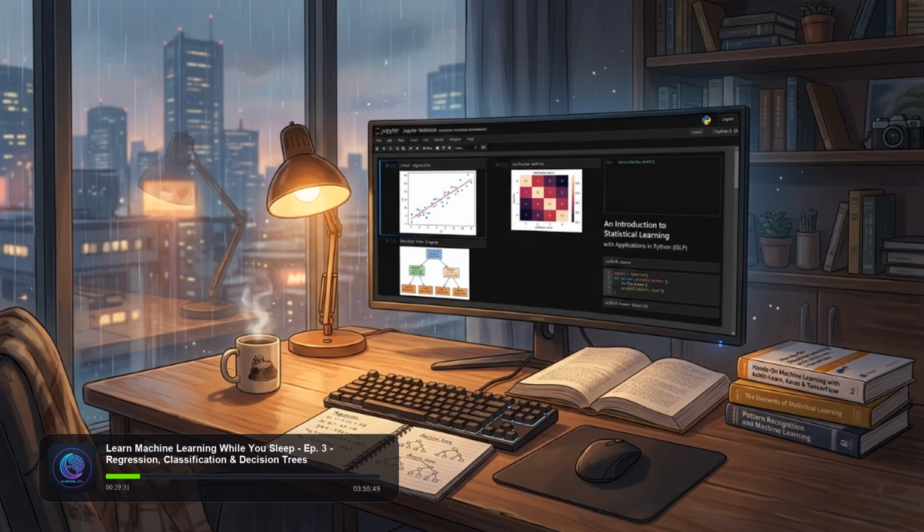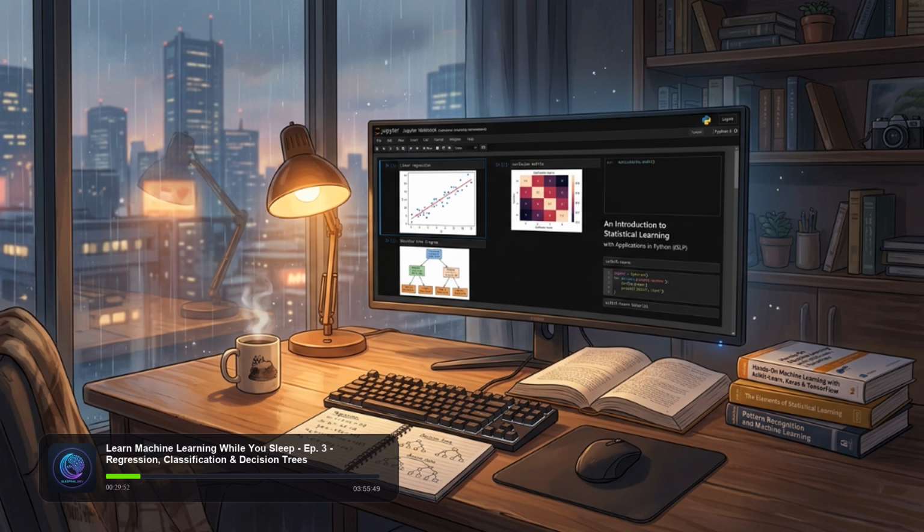To calculate the VIF for a specific feature j, we fit an auxiliary linear regression model where feature j acts as the target variable and all remaining p-1 features serve as predictors. We calculate the coefficient of determination R² sub j from this auxiliary regression.